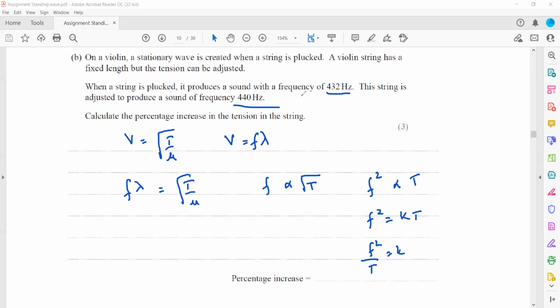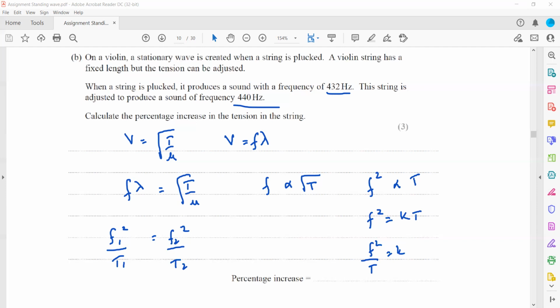The frequency has changed, so the tension will also change. So we can say f1 squared over T1 is equal to f2 squared over T2. Like the first frequency squared divided by the original tension is equal to the second frequency squared divided by the second value of the tension.